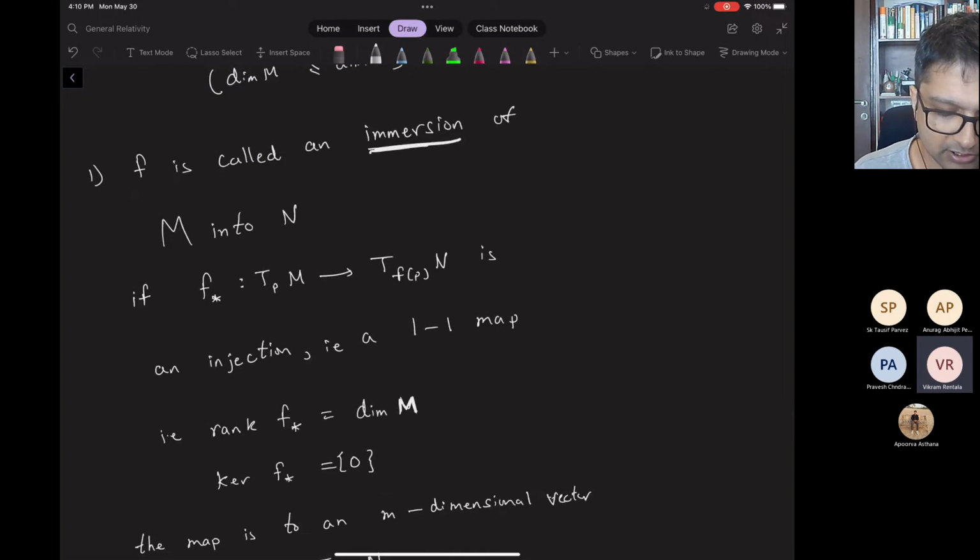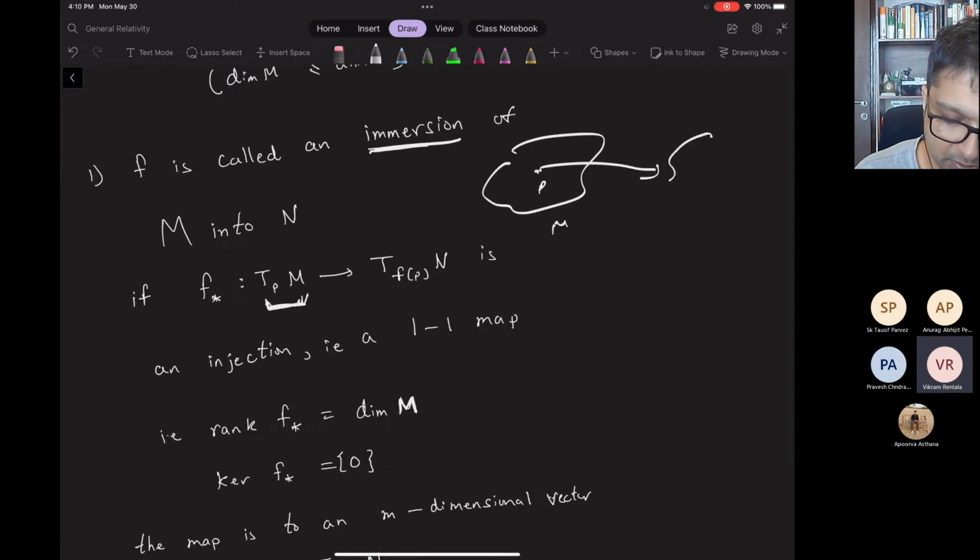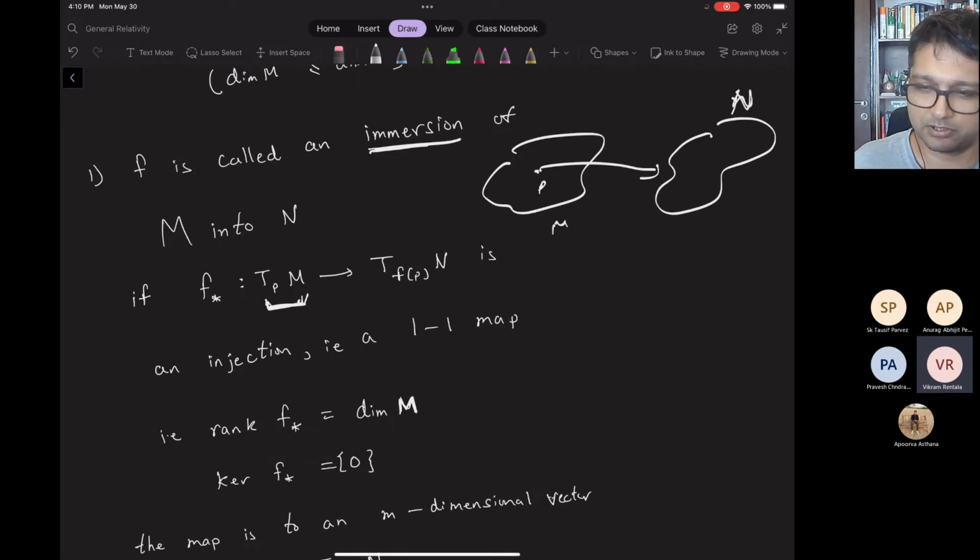The important condition is that when I push forward vectors at any point P in M, which is mapped to some point f of P in N, N being a bigger, higher dimensional space, then this mapping which pushes forward vectors, this f star, must be an injection, that is, a one-to-one map.